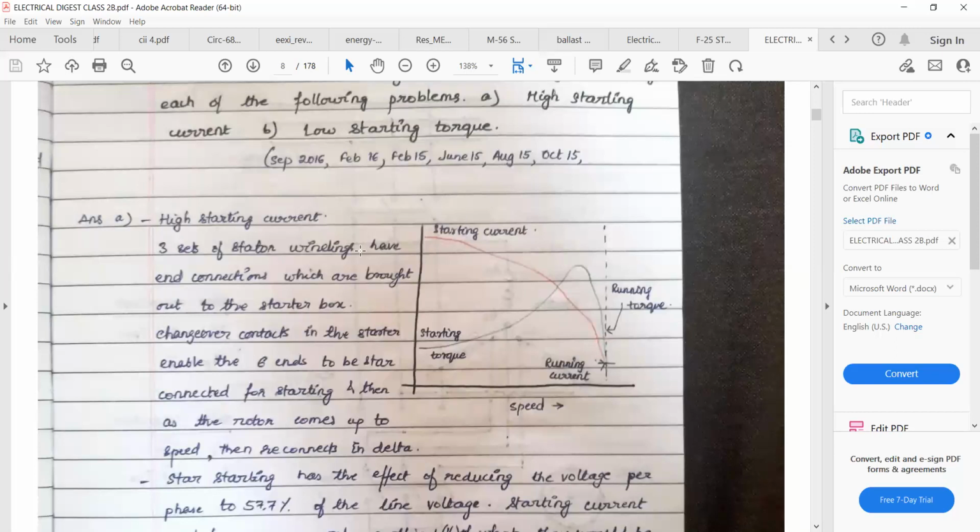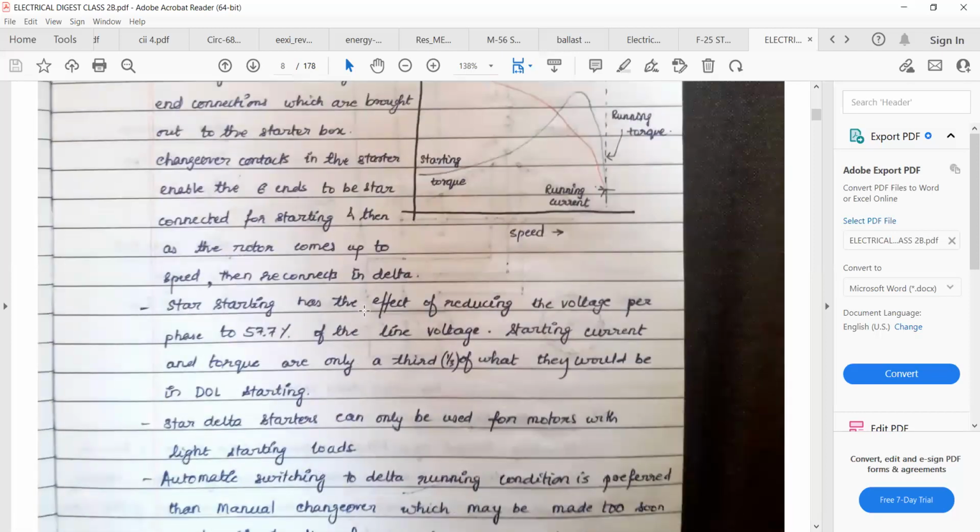Three sets of the stator winding have end connections which are brought out to the starter box. Changeover contacts in the starter enable the 6 ends to be star connected for starting, and then as the rotor comes up to speed, they are reconnected in delta.